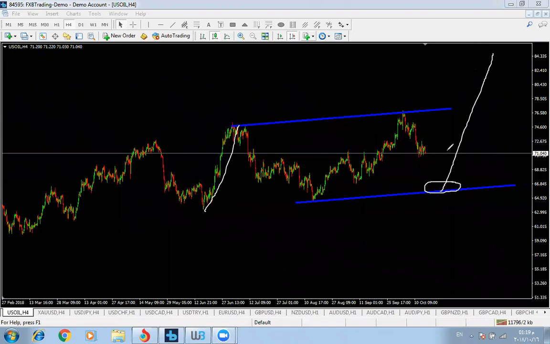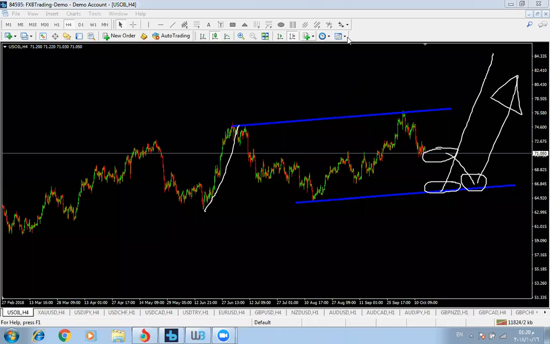So I prefer to use a small position for shorting to this area, and after confirmation of the reversal from this area, we might go to the upside.